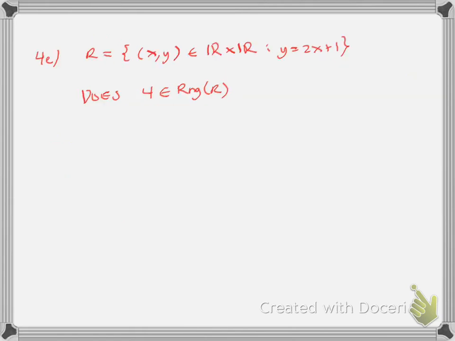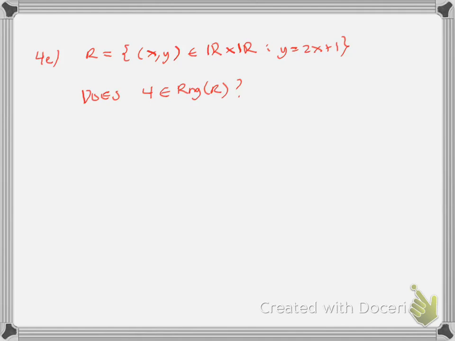Okay, so the second problem is giving you this relation R, where x and y both come from the real numbers and y equals 2x plus 1. And they want to know, does 4 belong to the range of R? Well, it's a line, so automatically this is going to be true, because remember the range is your outputs, and the range for this line is all reals.